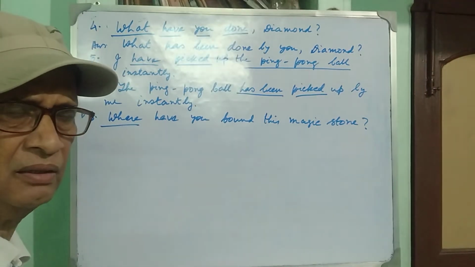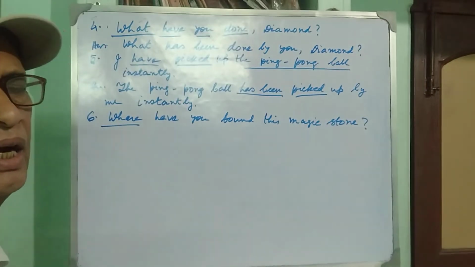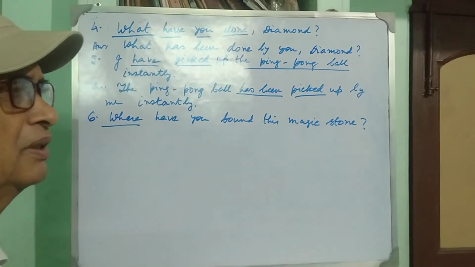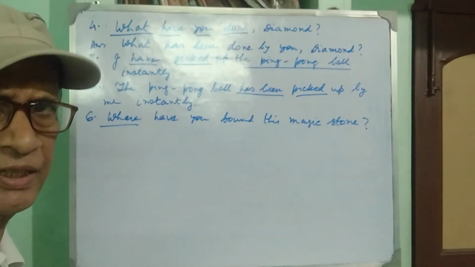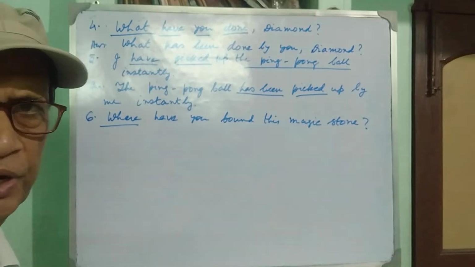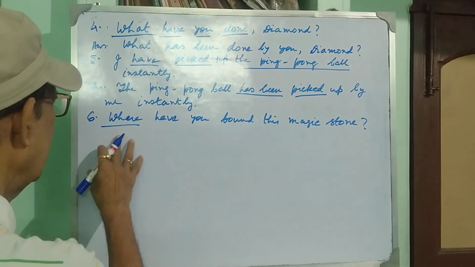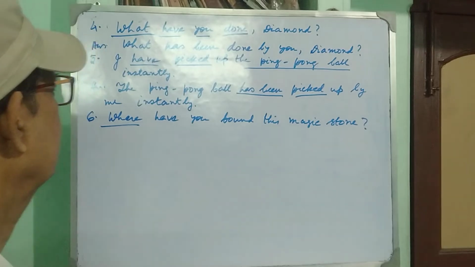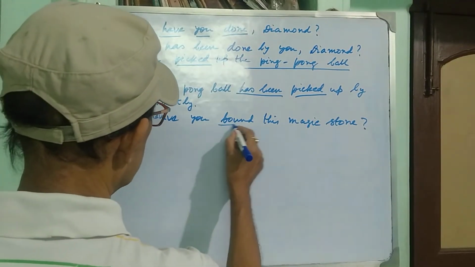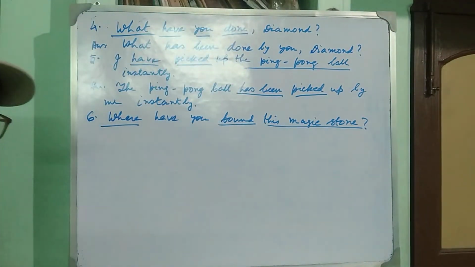It is a WH word. It is sometimes a relative pronoun, sometimes a relative adverb. Whatever it may be, you should not be too worried; you should know it as a WH word. Found is the finite verb and this magic stone is the object.